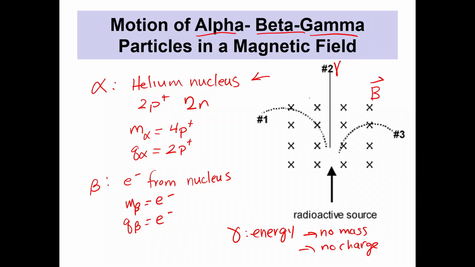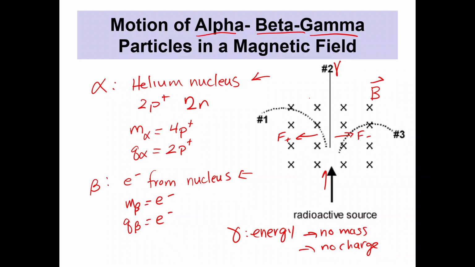If I put my fingers in the direction of the velocity from my radiation source and the field into the page for my palm, my force on a positive charge is going to be to the left, so my force on a negative charge is going to be to the right. So I can see that the helium nucleus is going to move left, and my beta particle is going to move right. So that alpha is going to go left.